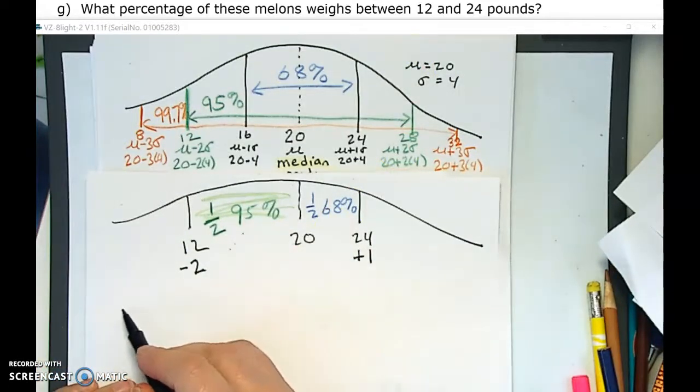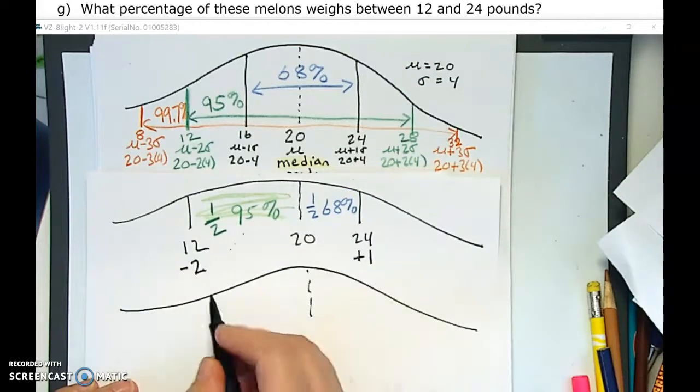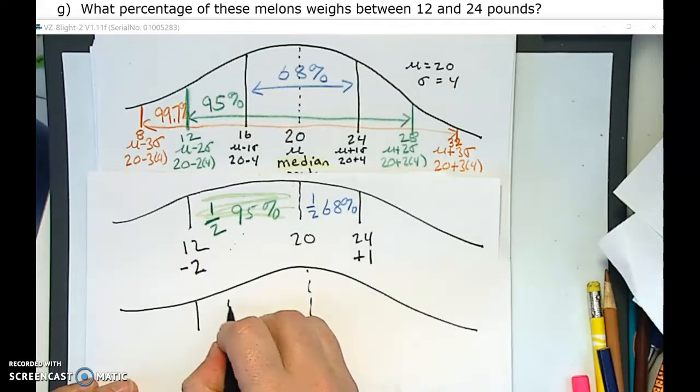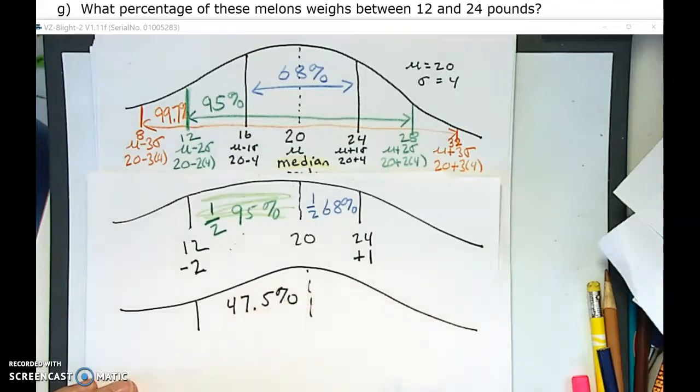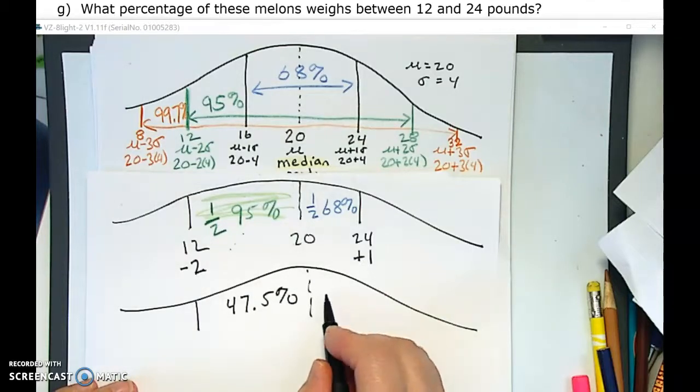So let's find those values and add them up. Half of the 95%, stick in your calculator, gives you 47.5%, and half of the 68% gives you 34%.